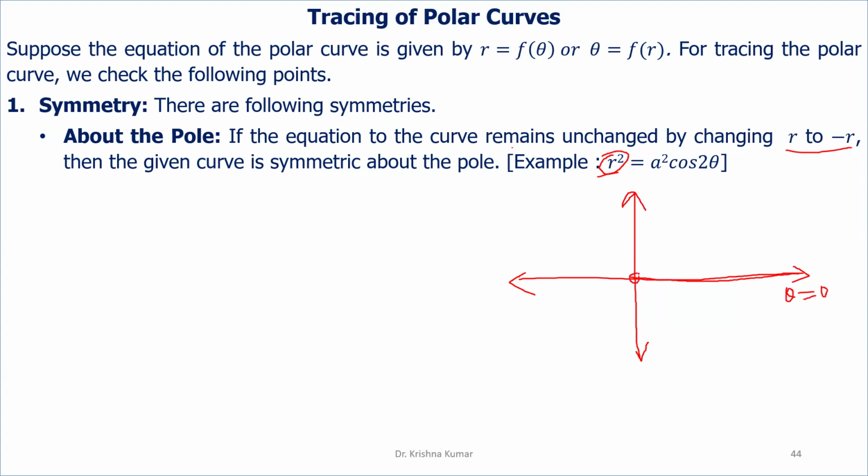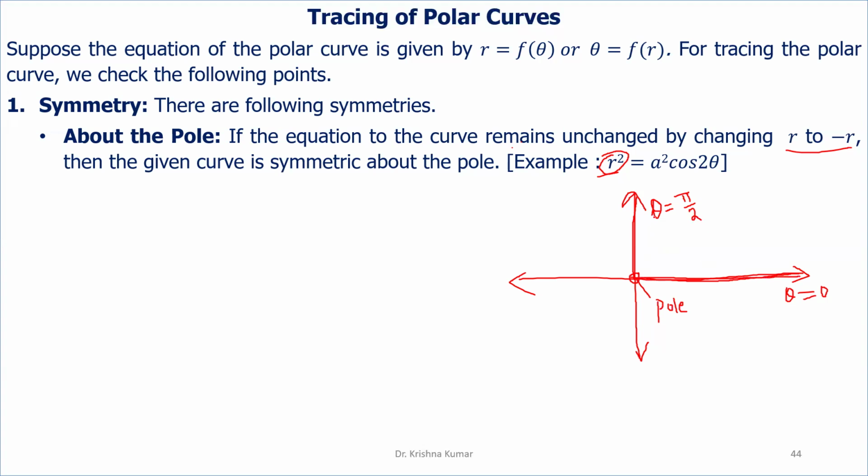This point, the origin, is called the pole. And the y-axis is called the line theta equal to pi by 2, or sometimes we say the line perpendicular to the initial line at the pole.